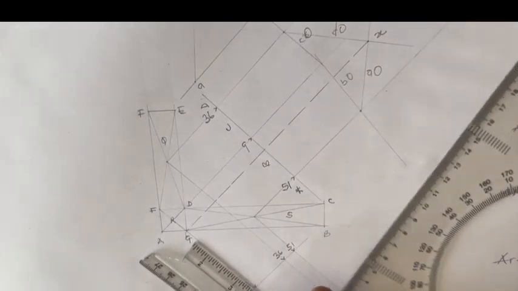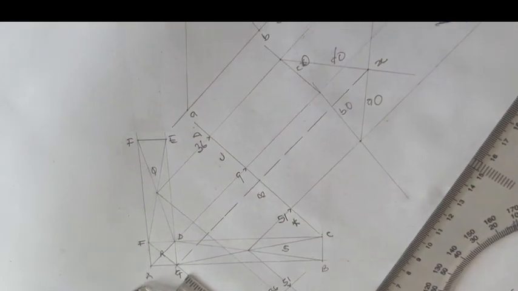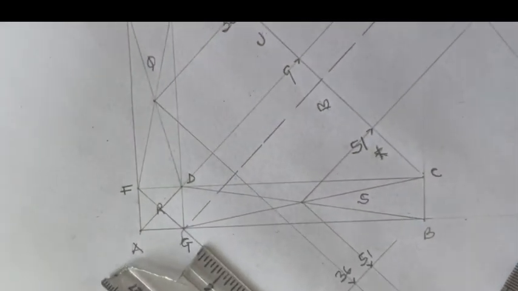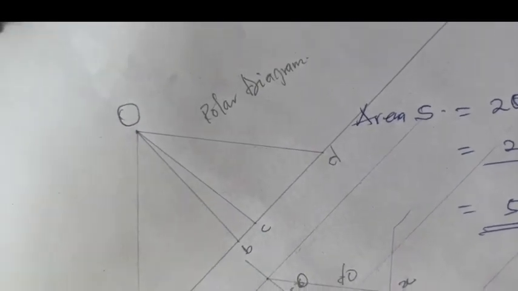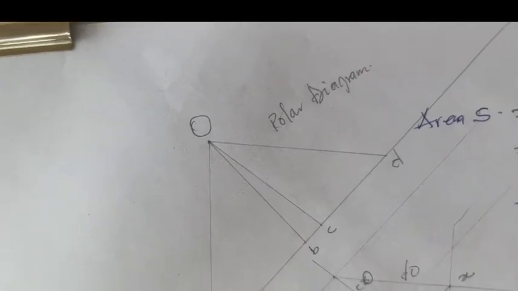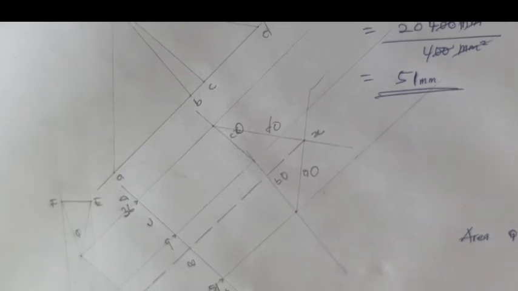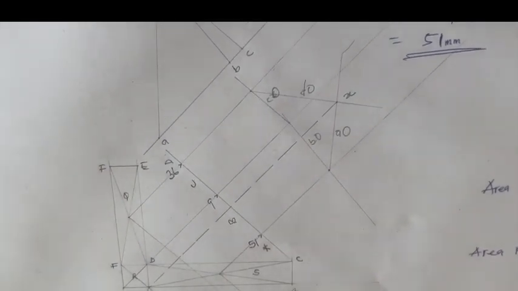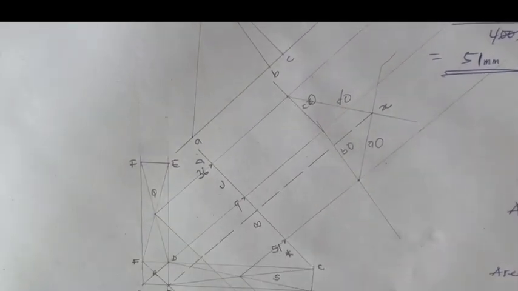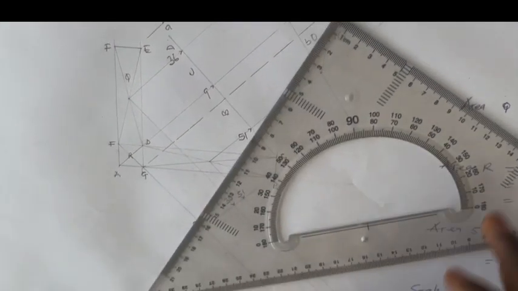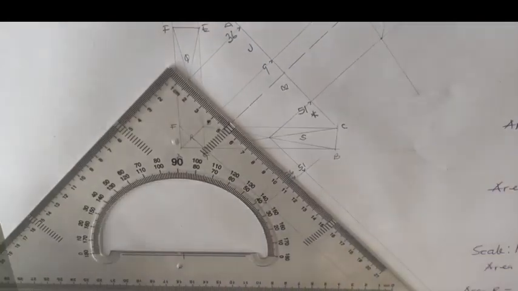It means the centroid will be on this particular line, but we don't know where exactly it will be. So unless we find it here as well, what we have to do again is to draw another load line and get a polar polygon over here.